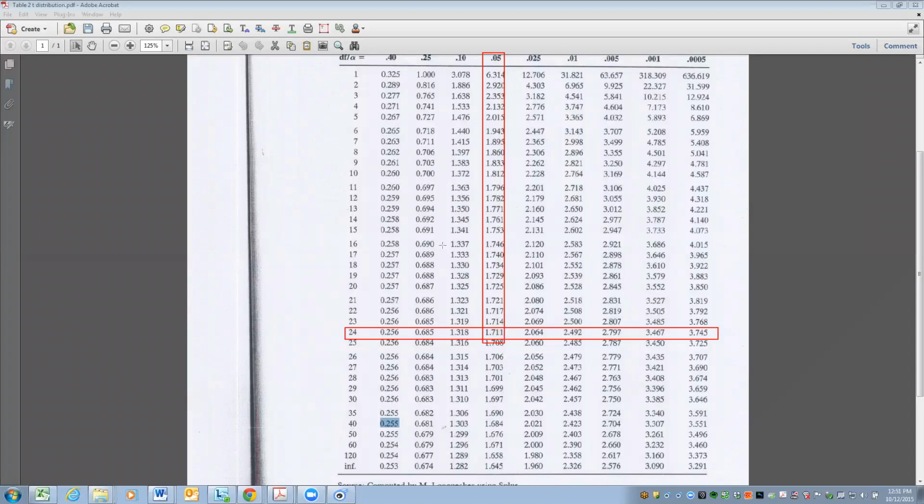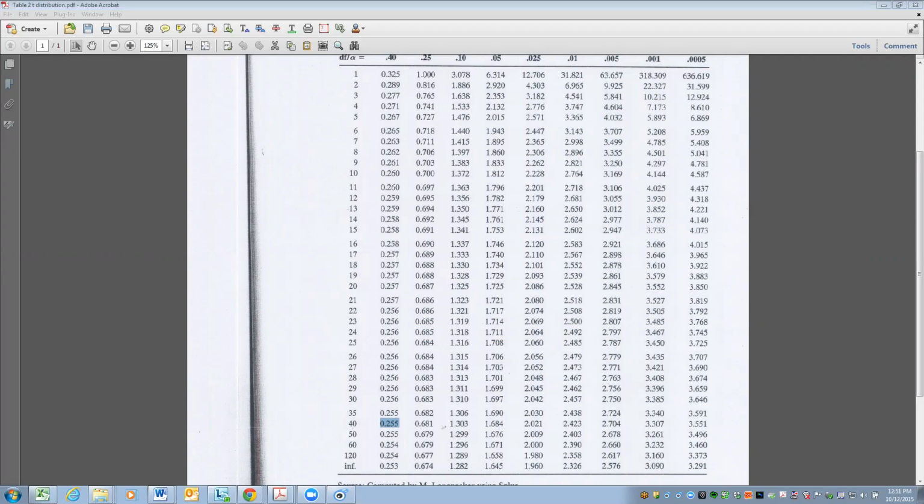And I see 1.711. So t sub 0.05 comma 24 is 1.711. That says that I could be up to 1.711 steps away from the mean before I would see a problem.